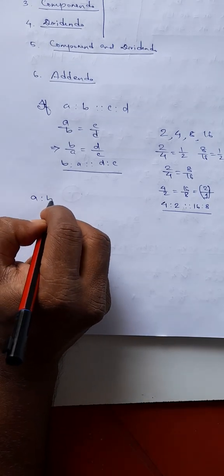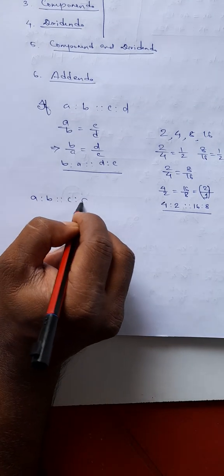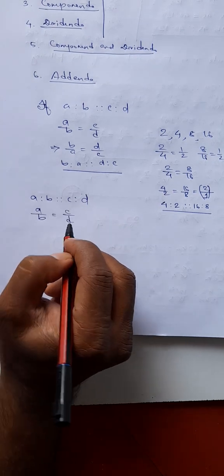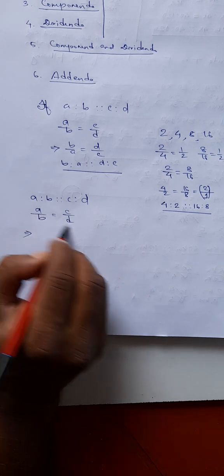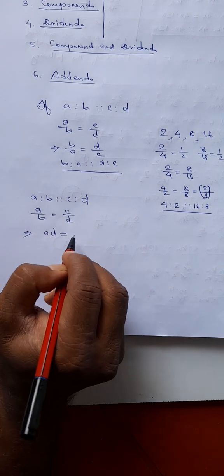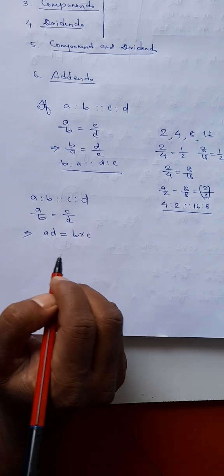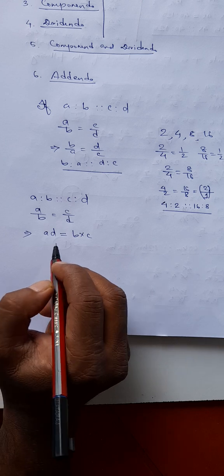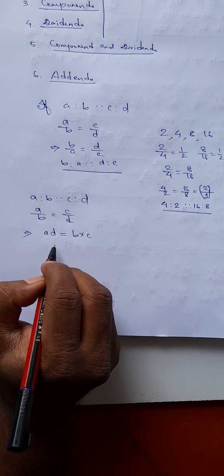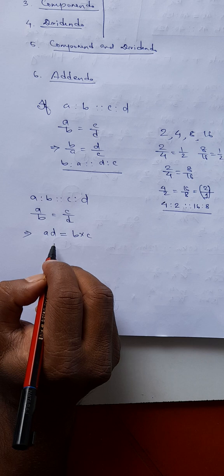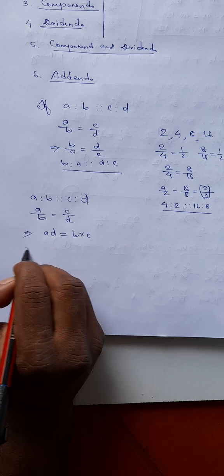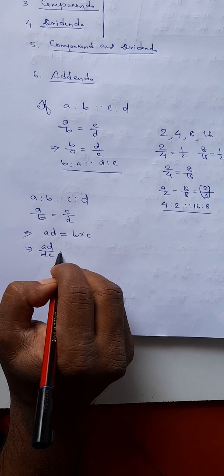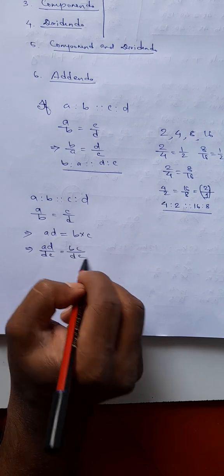A is to B proportional to C is to D. That means A by B equal to C by D, right? Now if you cross multiply this, A into D equal to B into C. Now if you multiply both sides by, say for example, DC: AD by DC equal to BC by DC.